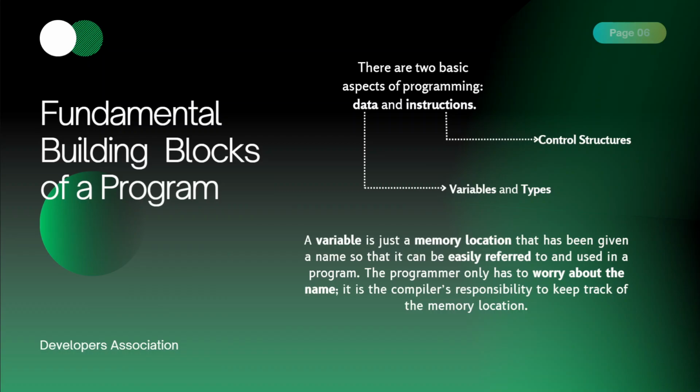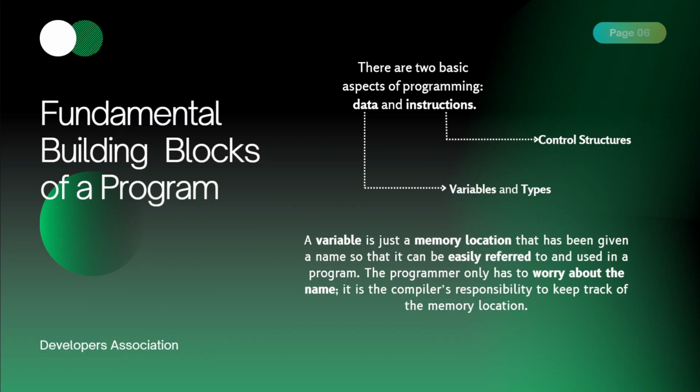The data includes the database of the program and variables with their types. Instructions include the what-if statements, which we will cover in further lectures. By what-if, I mean the if-else statement and the switch statements. They will be covered in the upcoming conditionals and statements chapter.